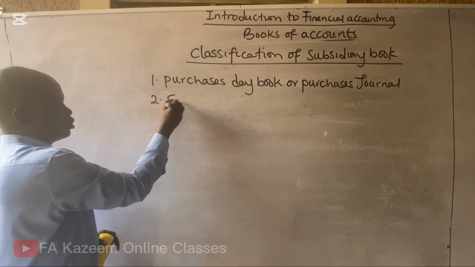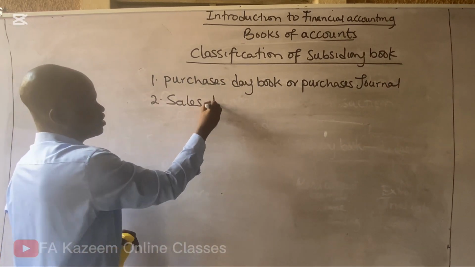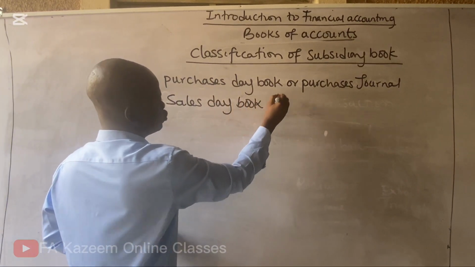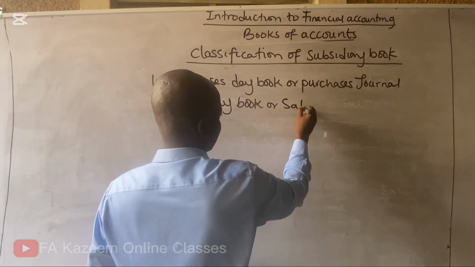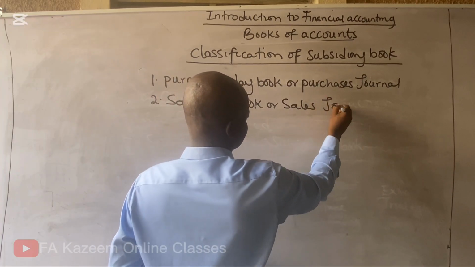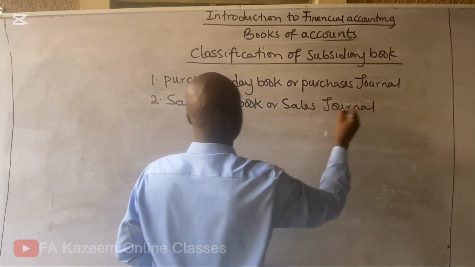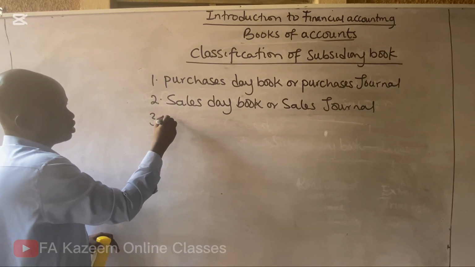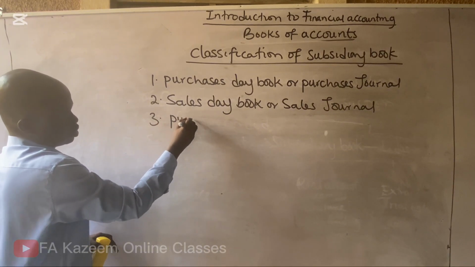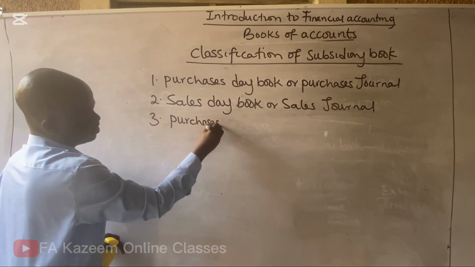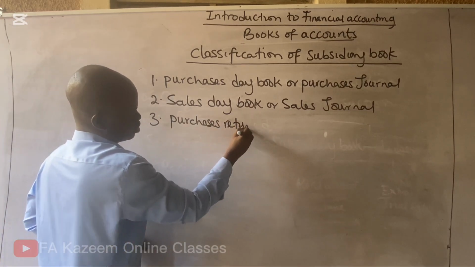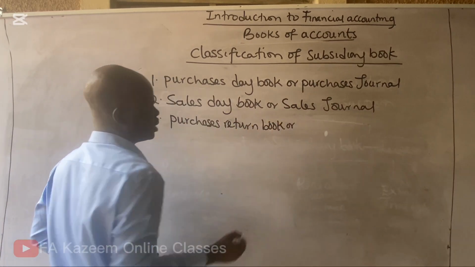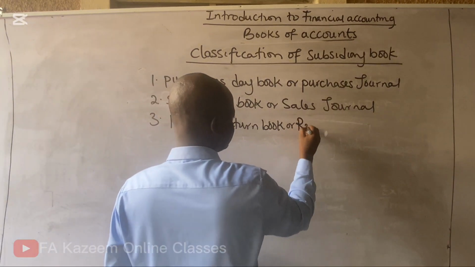Two, we have the sales day book, or you can also call it sales journal. Three, we have what we call purchases return book, or we call it return outward journal.